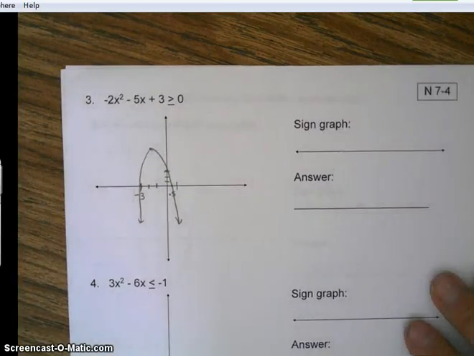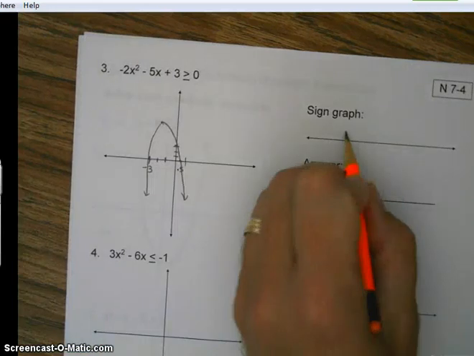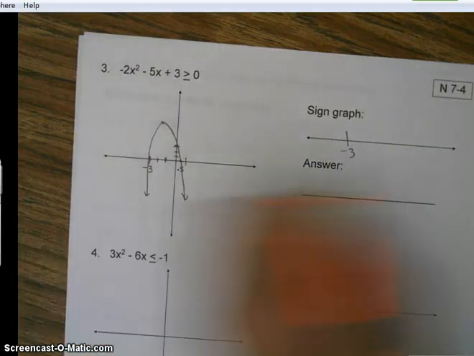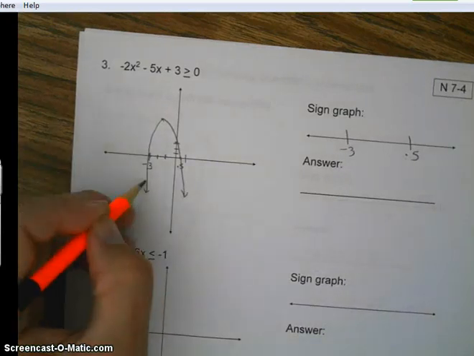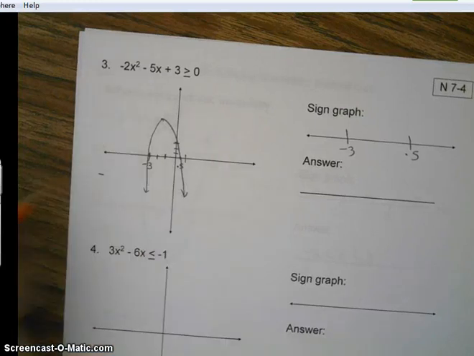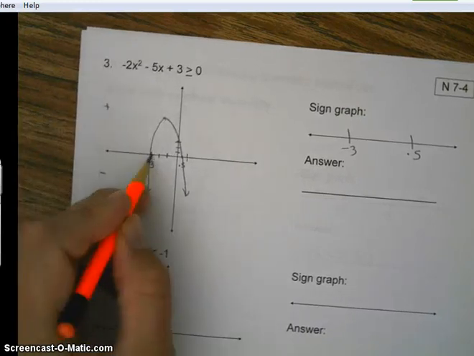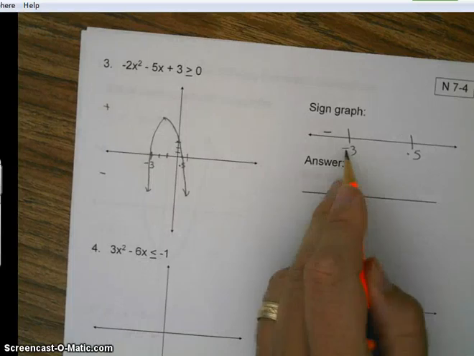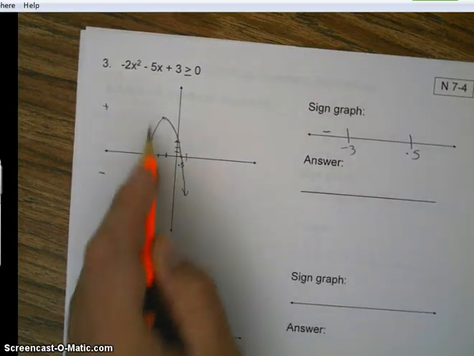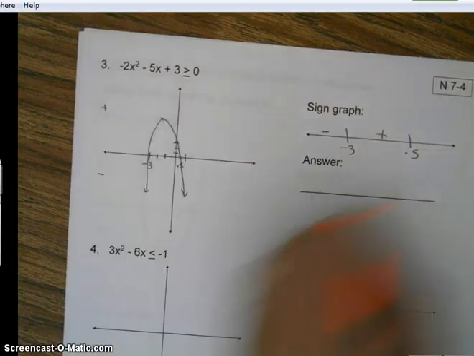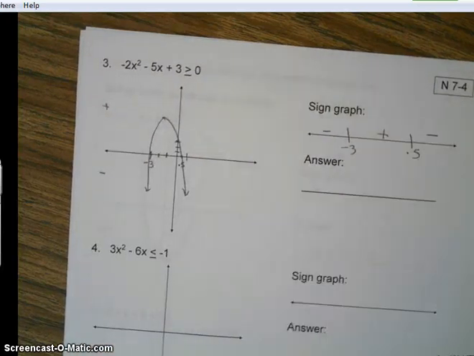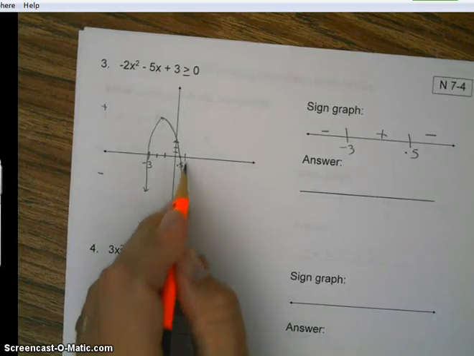Okay, so here we go. Sign graph. Negative 3, 0.5. To the left of negative 3, positive or negative? Remember, negative is down here, positive is up here. So negative. From negative 3 to 0.5, it's positive. And from 0.5 on, it's going to be negative because the values are going down.